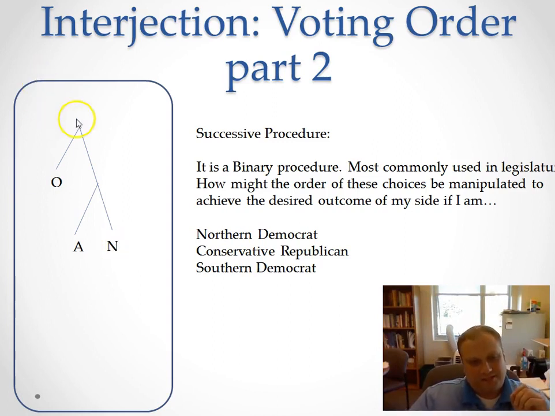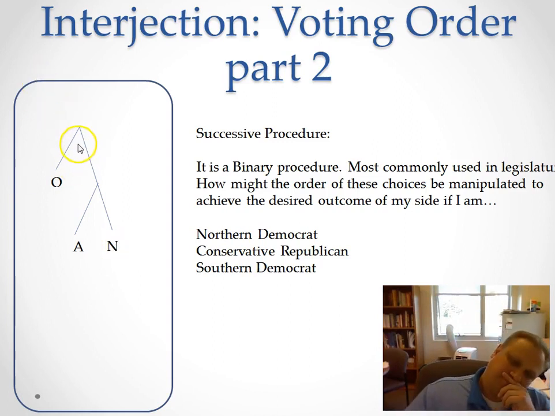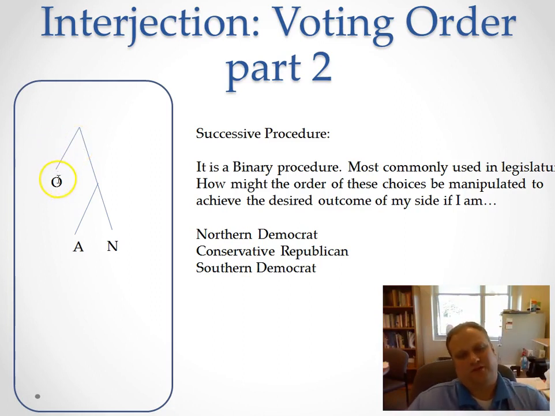So what we have here is a decision tree. We start with the original bill, but that bill is amended by Smith, which leaves the choice between the amended bill and no bill. And so that becomes the choice.